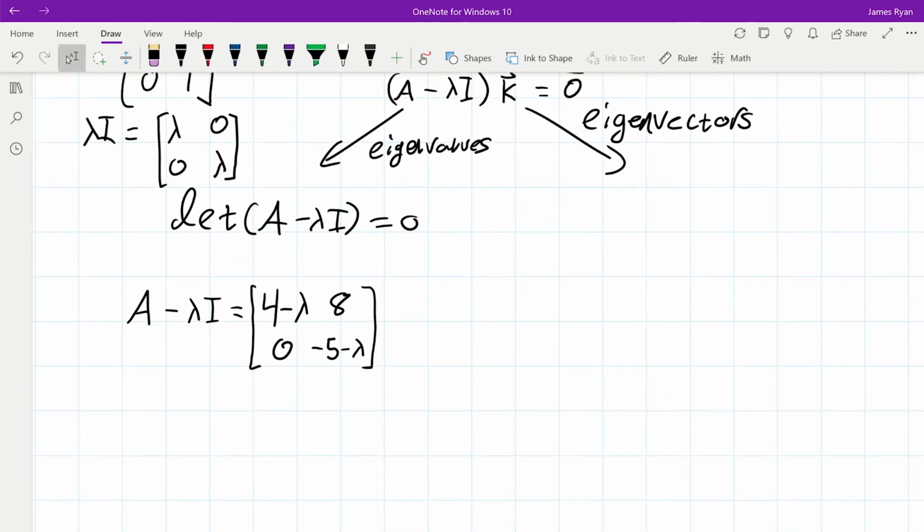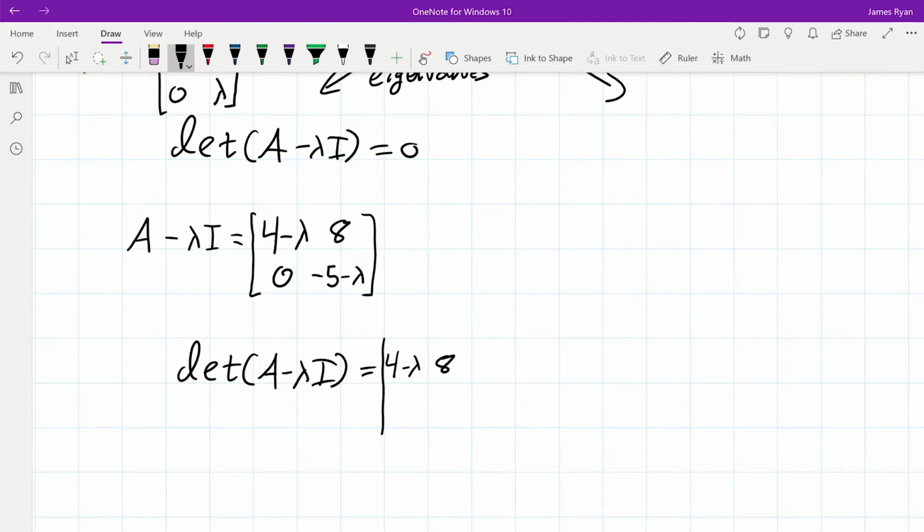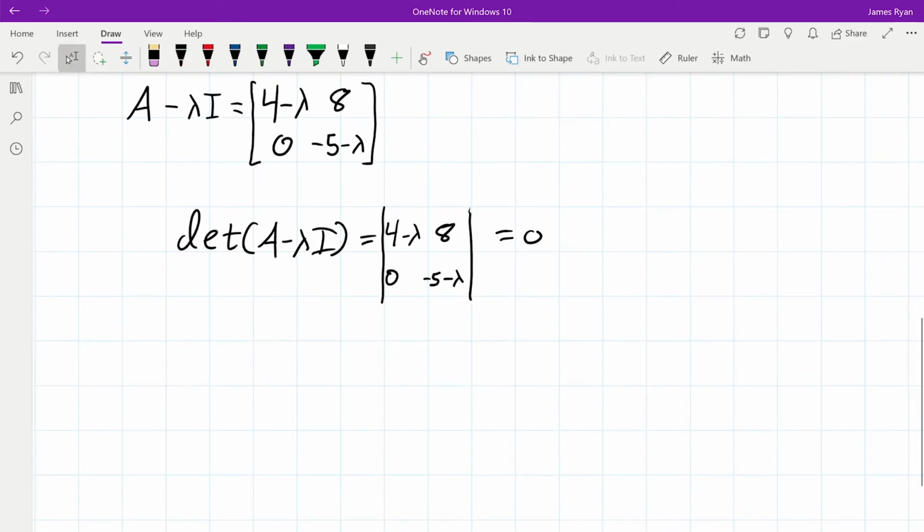So now we can compute the determinant of this. So the determinant of A minus lambda I is the determinant of 4 minus lambda, 8, 0, negative 5 minus lambda. And we know that that's equal to 0. So let's expand out this determinant, and then we can solve this for lambda.